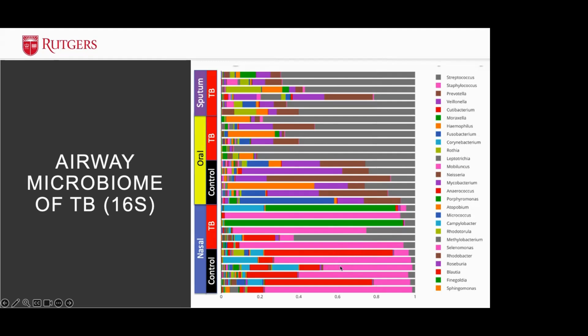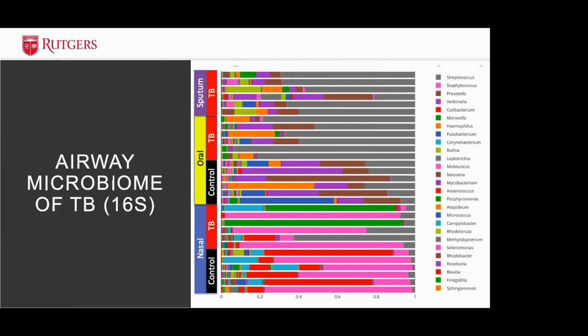That staph and Cutibacterium kind of goes away. This green is more Moraxella, and you're seeing more strep. Some samples don't completely lose their staph, but the other ones do. Does that make sense? That's a stark difference, right? You can very clearly see which ones are TB and which ones are controls in this context.